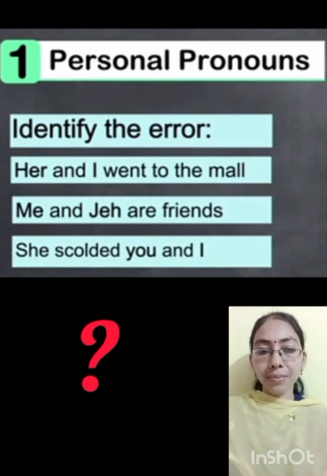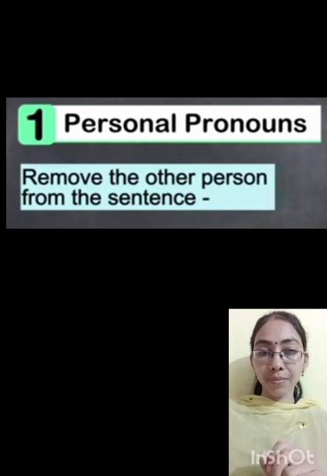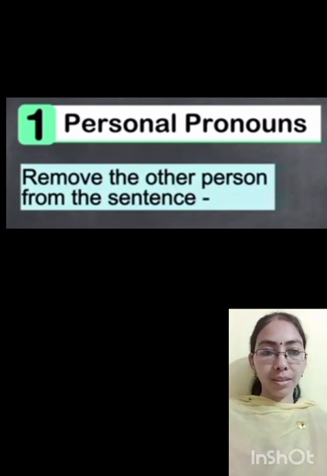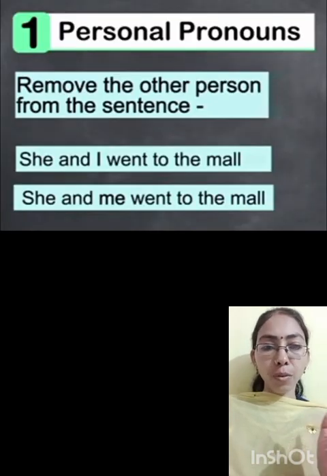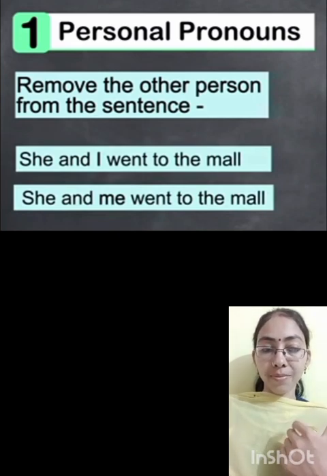What about this? If you are having confusion, here is a hack to crack this. Remove the other person from the sentence. What does that mean? Let's see. She and I went to the mall, or she and me went to the mall. Now let's remove the other person.